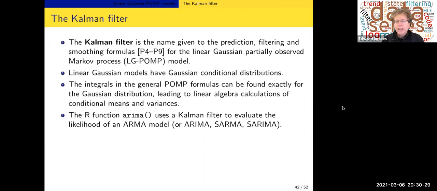And because linear Gaussian models have Gaussian conditional distributions, we know that we're going to end up with filtering and smoothing and prediction distributions that are Gaussian, that are determined by their mean and variance. And so it's got to come down to linear algebra calculations. And that's exactly what the R function ARIMA does. It uses this Kalman filter to estimate the likelihood of an ARMA, ARIMA, SARMA, SARIMA model, and so on.